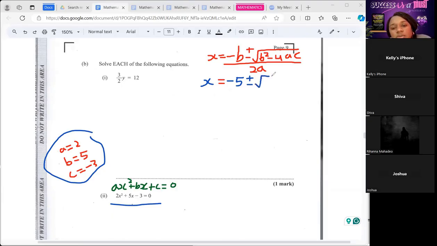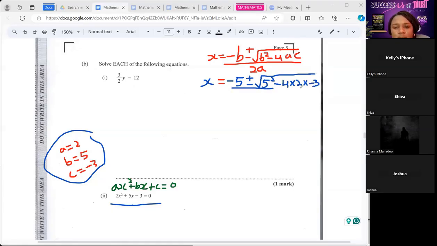Then you find the square root of b squared. Well, b is 5, so we put 5 and put the squared, minus 4. 4ac means 4 multiplied by a multiplied by c. So 4 has to be multiplied by 2, because that's what a is, and multiplied by c, which is negative 3.